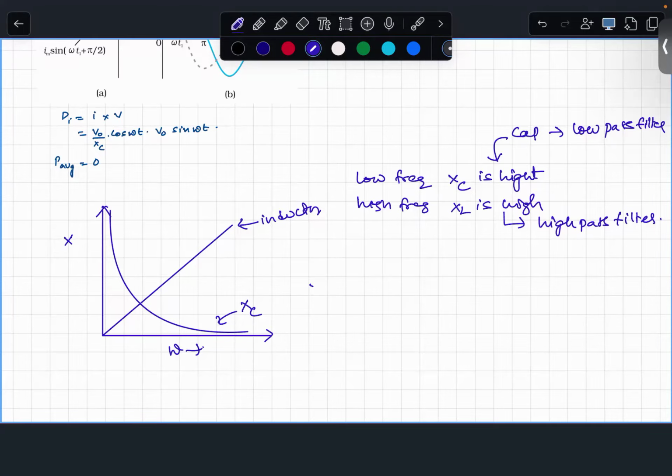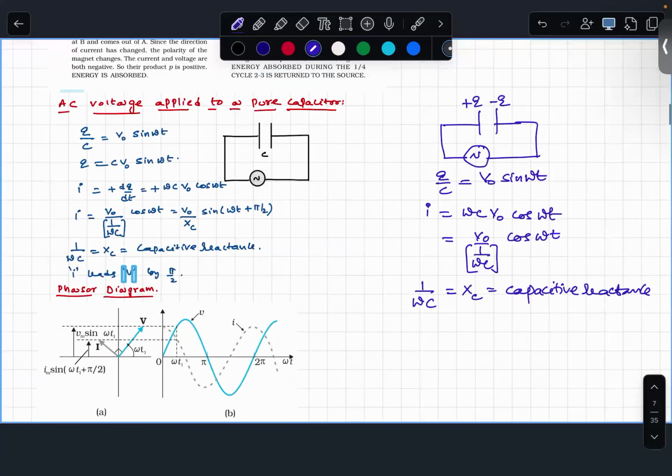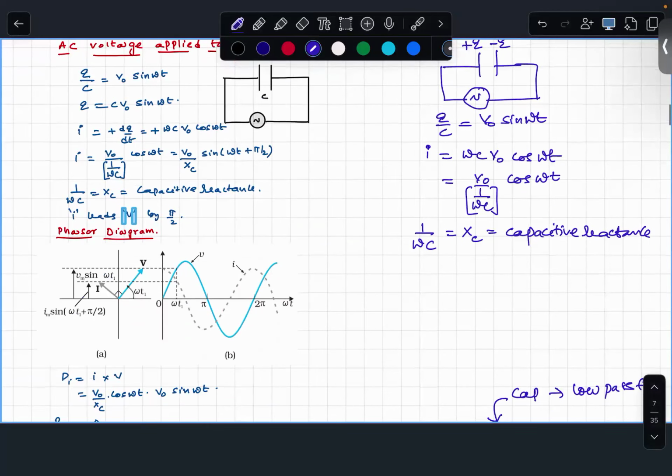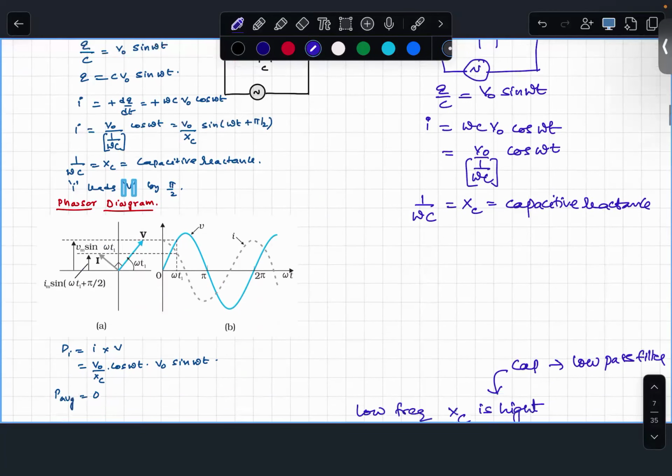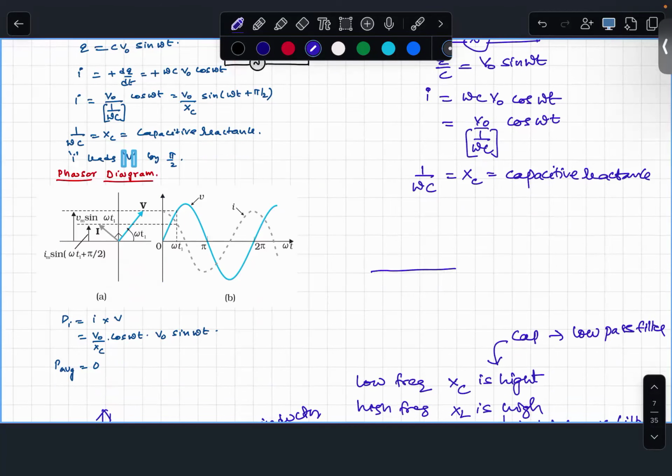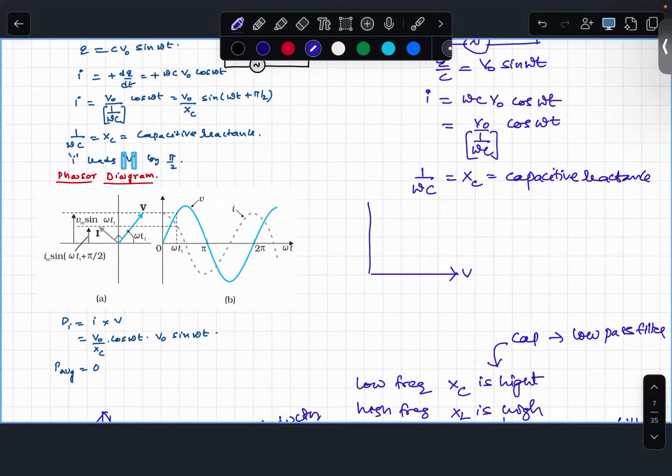Investment versus returns. Right. So finally, what I have concluded is, in case of a capacitor, if this is the voltage phasor and this is the current phasor, which makes an angle, the current always leads.